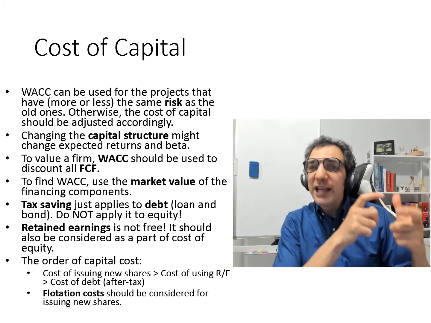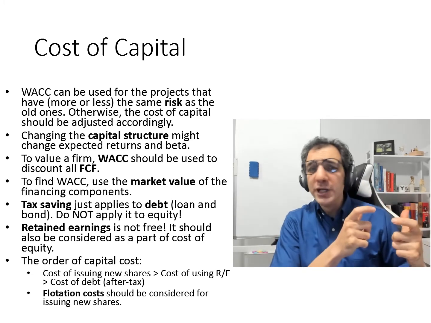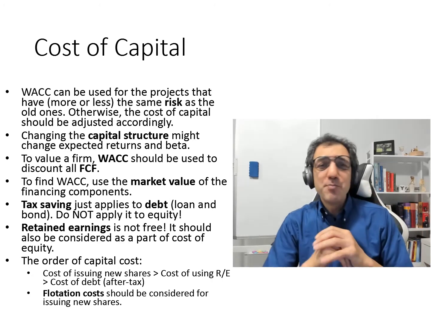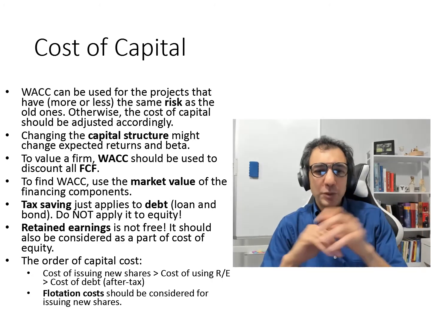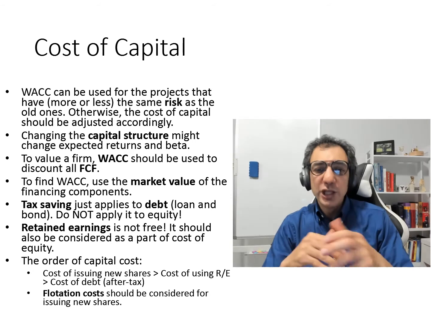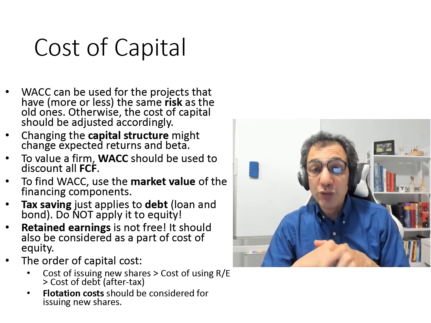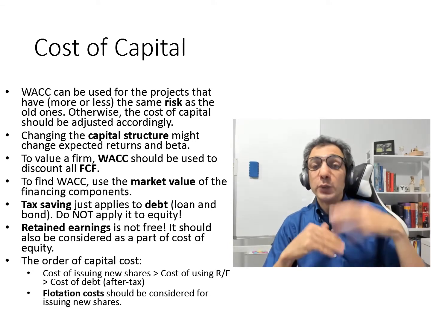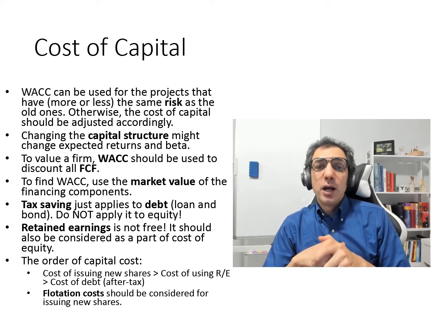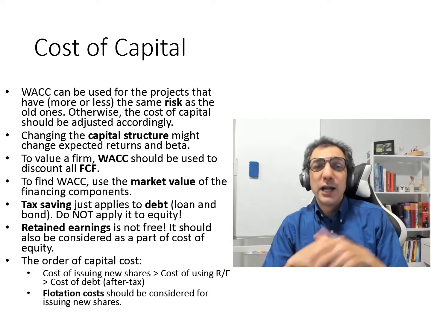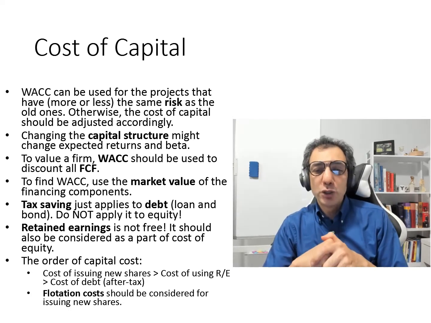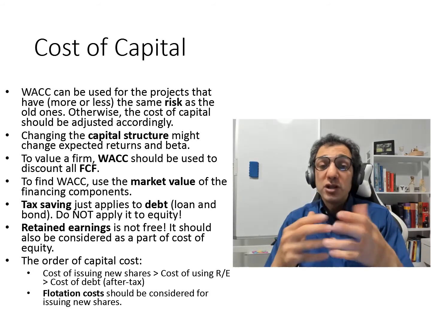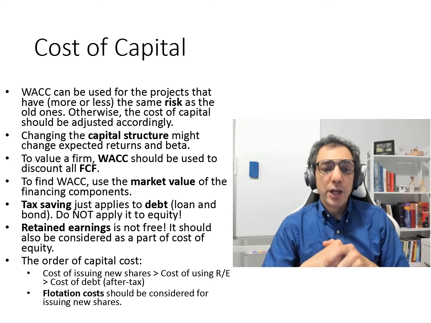So changing the combination of debt and equity will impact the cost of capital. You have to be careful with that. It will change the expected return by investors. It will change the beta, which I will mention in module 13 as well. As a result, the cost of capital will be a different number.